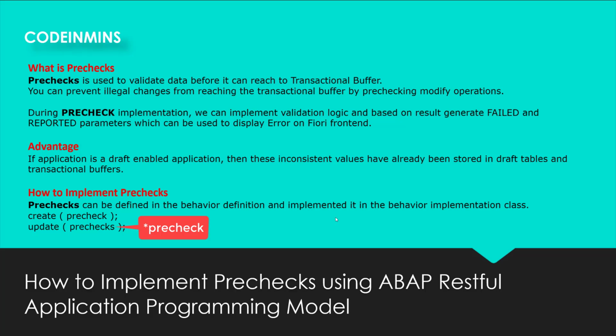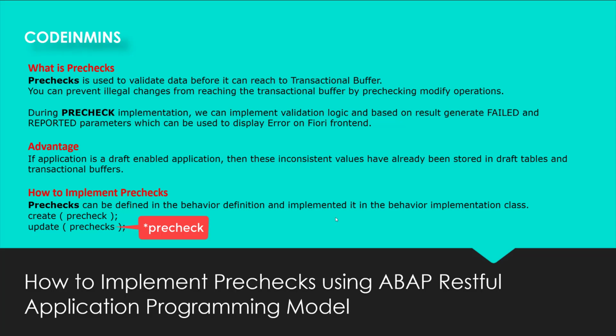The benefit of implementing prechecks is that it can prevent illegal or invalid changes from reaching the transactional buffer by pre-checking at the modify operations. Prechecks are not implemented when we click on the final save button, but on the modify operations.